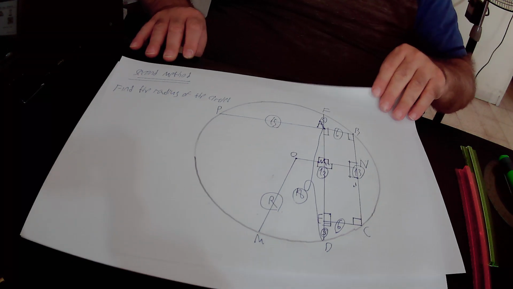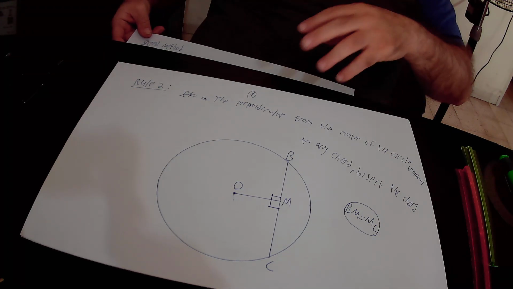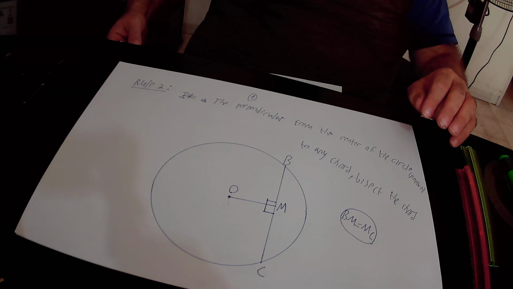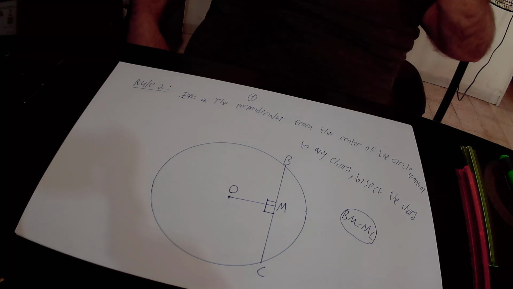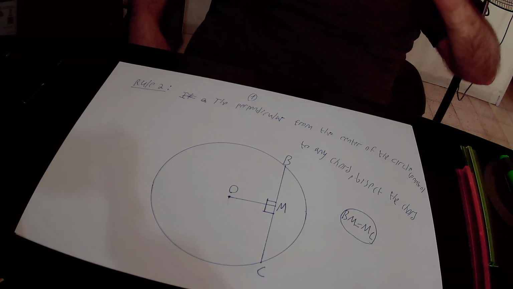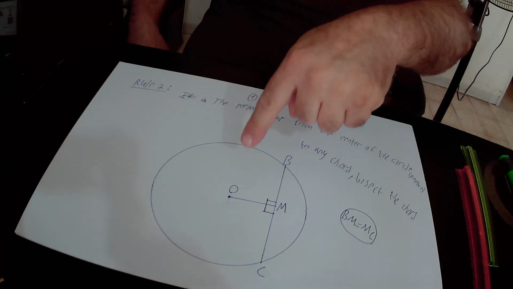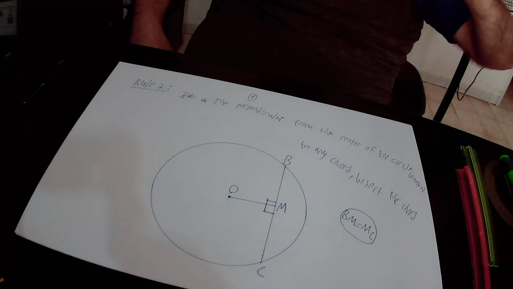Then I presented to you a new rule that is actually rule number 2, and we implemented rule number 2 in our drawing. According to rule number 2, whenever you draw a perpendicular from the center of a circle towards any chord, it will bisect the chord. Here, from the center of the circle, point O, we draw a perpendicular on chord BC, that could be any chord.